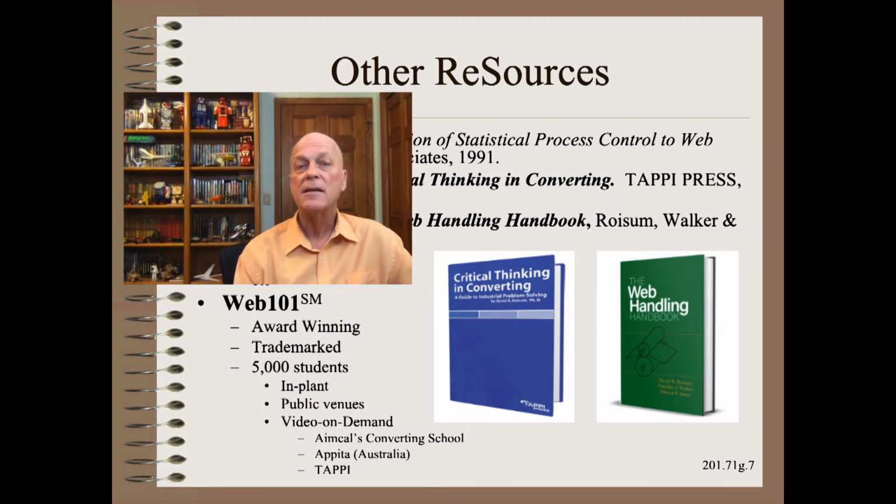Last but not least is my award-winning and trademarked Web 101 class that has been taken by about 5,000 people, just like you. Here you will learn about web handling, winding, common converting operations such as slitting, as well as a good sprinkling of problem-solving techniques.